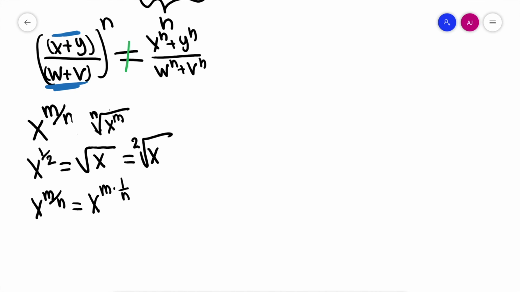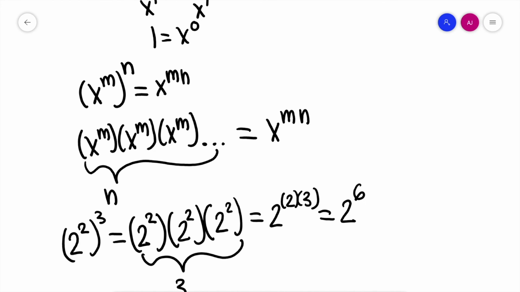And then you can clearly see that 1 over n is just the nth root, right? And then from there, we can do x to the 1 over n, and then exponentiate to m. And how we get this is from one of our properties done before, which is x to the m to the n is equal to x to the m times n, right?